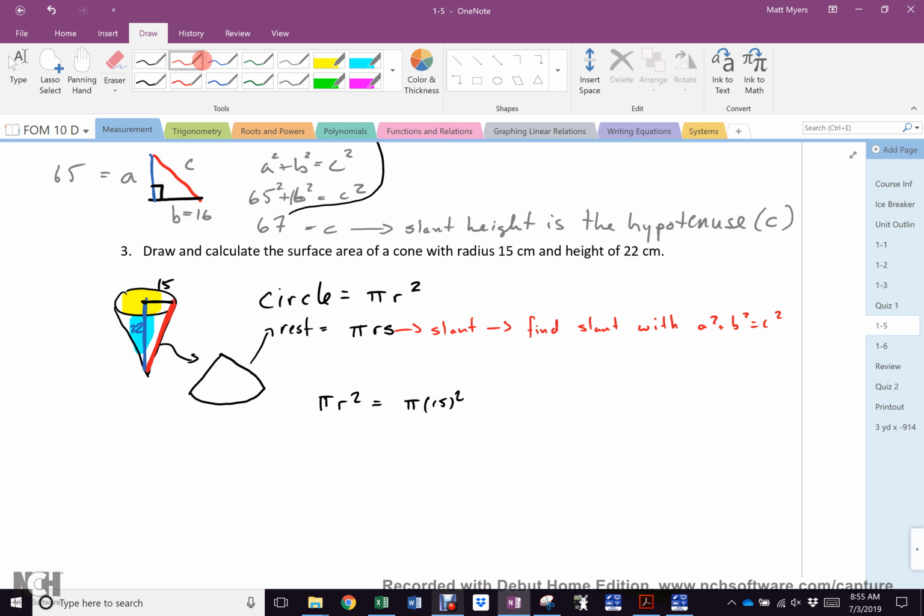So what's missing from this cone that I need? Then I need pi r slant. Well, I've got the pi, I've got the r, but now I need the red line. How do I find that red line? I use a squared, b squared, c squared. So c is what?